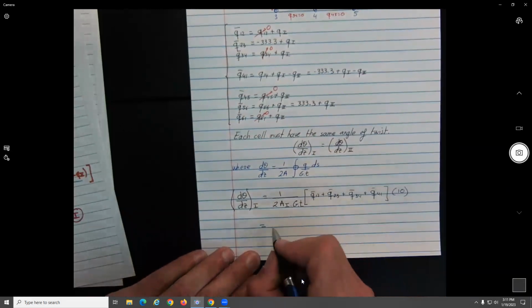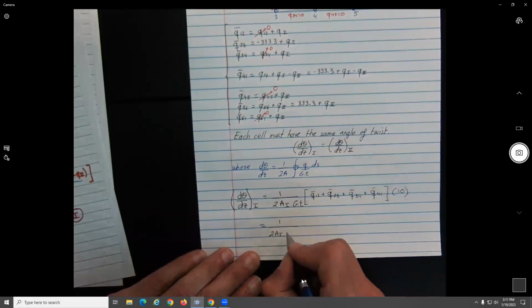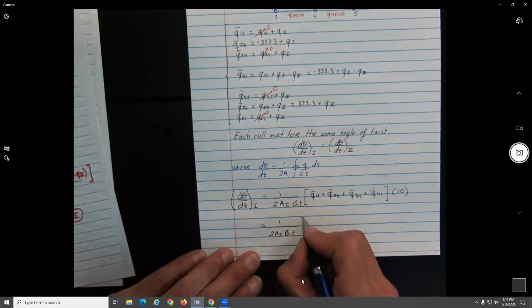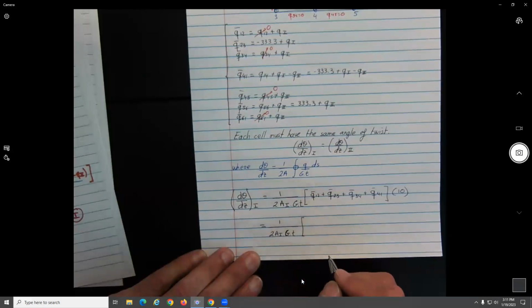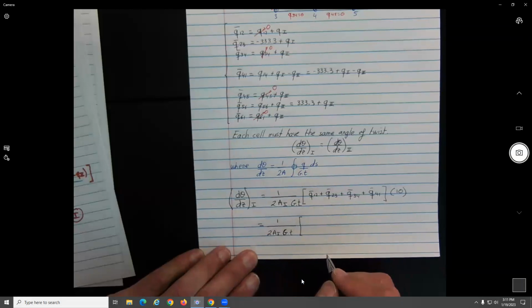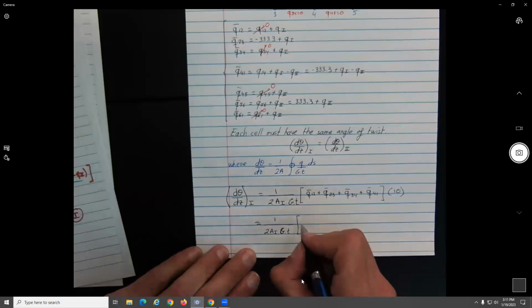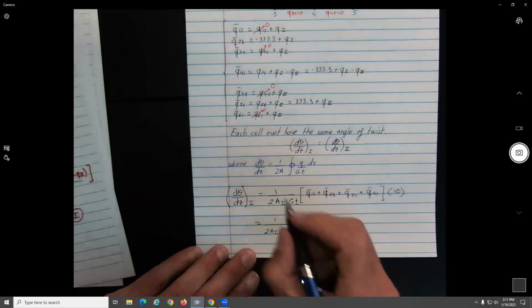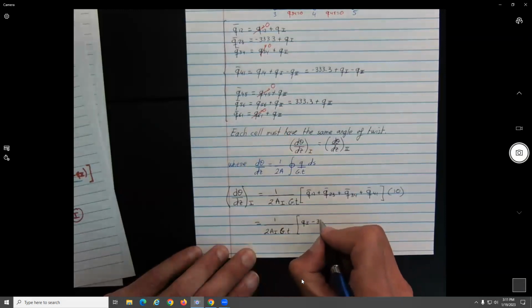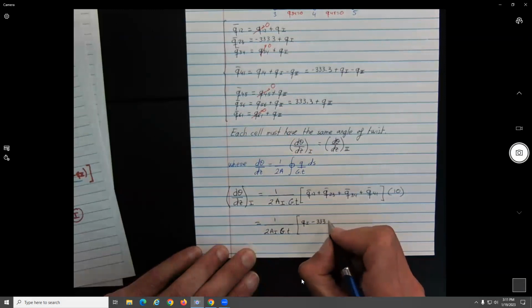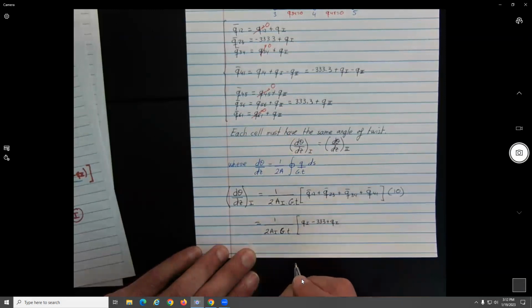So this will be 1 over 2 A1 GT. Probably I have enough space to put it in one line. I don't think so, but what is Q bar 1,2? Q1. Q bar 2,3 will be minus 333.3 plus Q1.